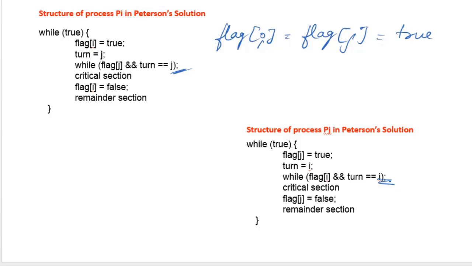So if Pj is not ready to enter the critical section, then flag of j will be false, so Pi can enter. If Pj has set flag j to true, then Pj will enter the critical section and on exit it will reset the flag value to false, which allows Pi to enter the critical section. So this is how Peterson's solution solves the critical section problem.